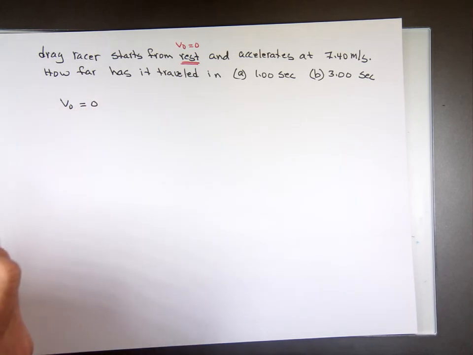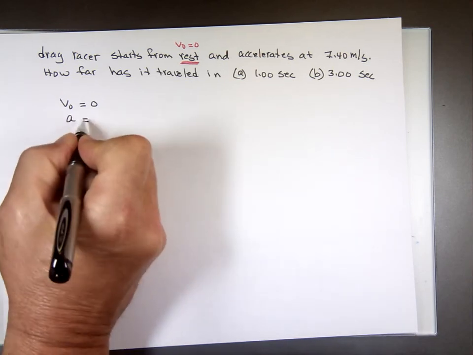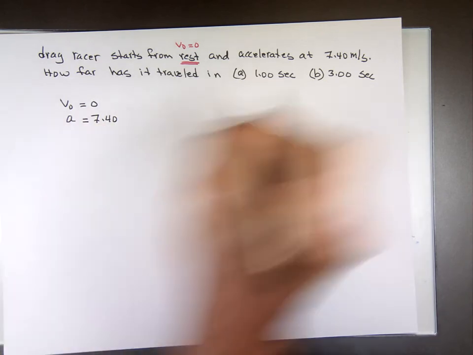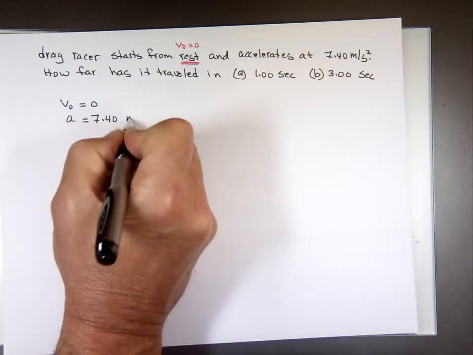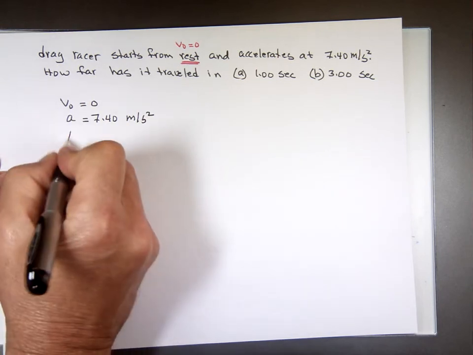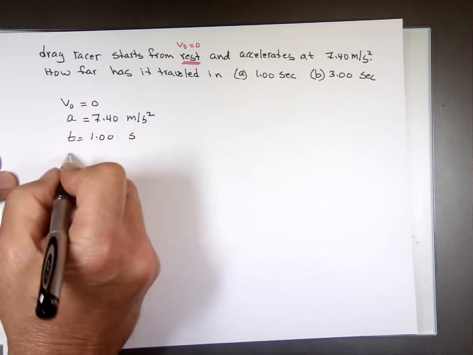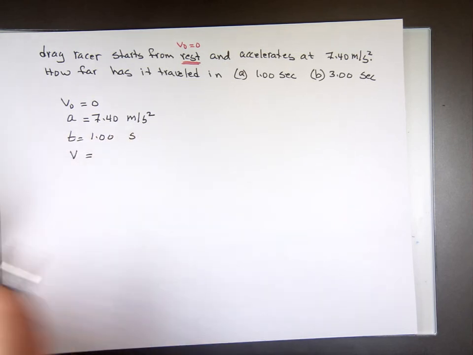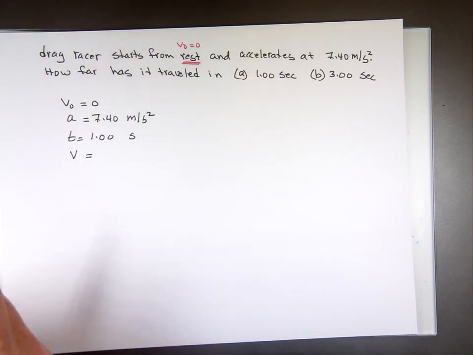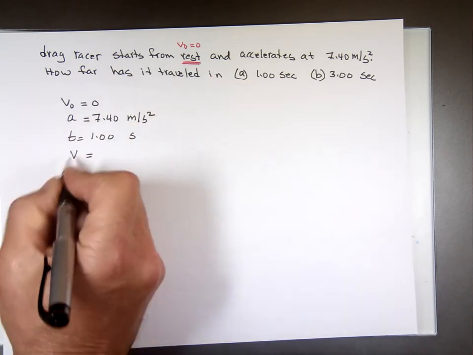We know the acceleration, 7.40 meters per second squared. We know the time equals 1 second. And we're looking for the final velocity. Well, not really. What are we looking for? How far has it traveled? Is that final velocity? No. We're looking for the distance x.